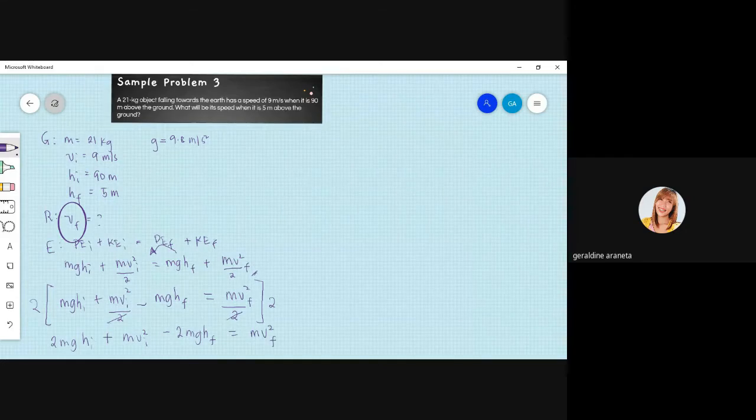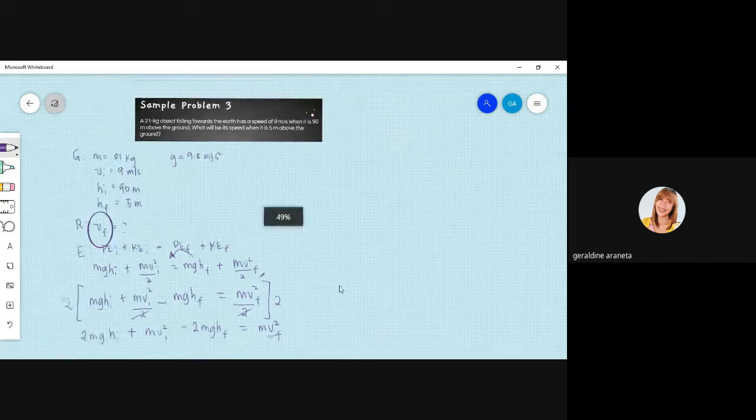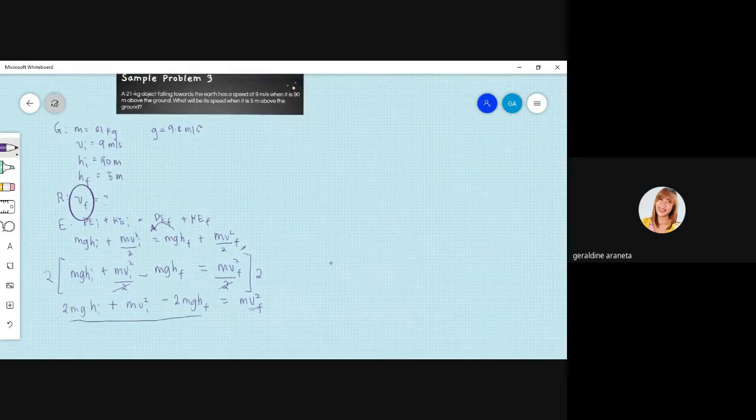Okay? So, para makuha natin yung ating VF, i-divide natin both sides by m. So, divided by m, divided by m. So, this will cancel out. Proceed tayo dito. That will become VF squared is equal to 2MGHI plus MVI squared minus 2MGHF over m.